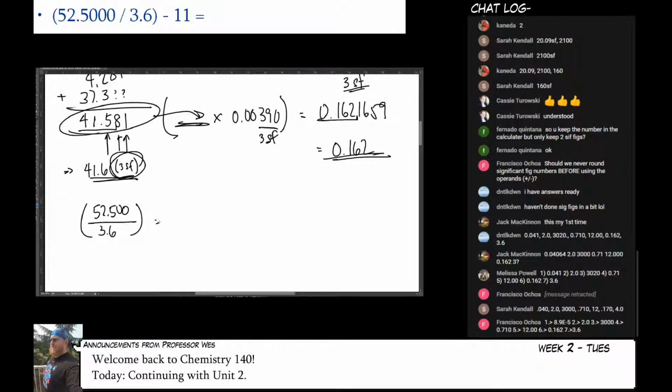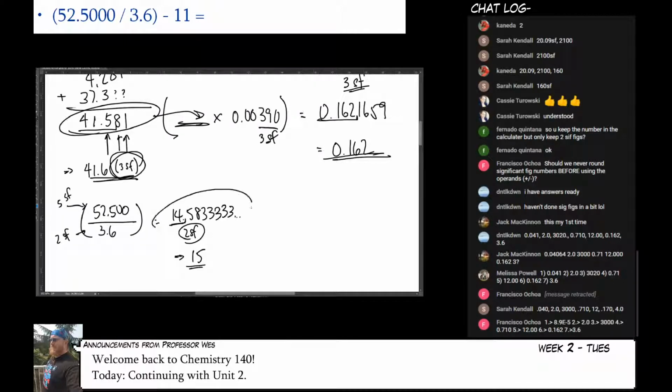And when I punch that into the calculator, 52.500 over 3.6, I get 14.583333333333. This has 5 sig figs. This has 2 sig figs, so my answer should only have 2 sig figs. So if this was the problem that I was doing, I would have reported 15 as my answer.